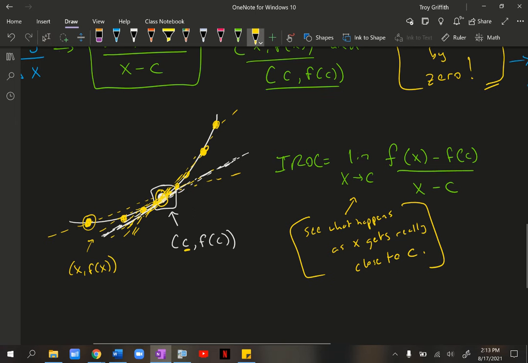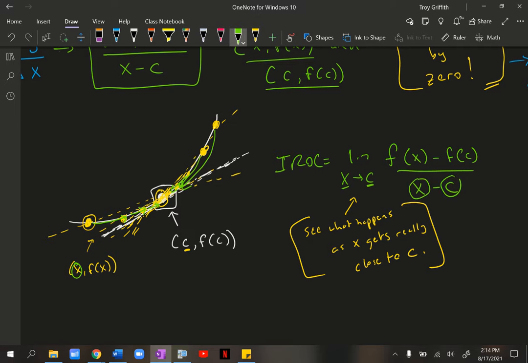Here's where c was. I was taking x, and as I was drawing all these secant lines, I was trying to make x as close to c as possible in either direction, so that it could become the slope of that tangent line.